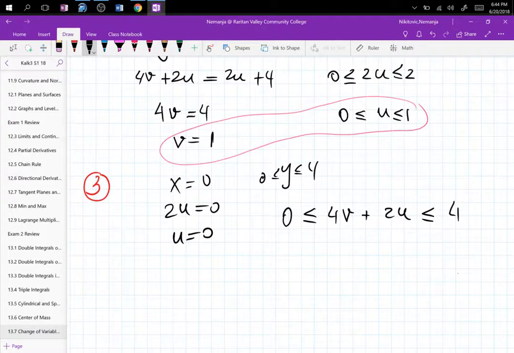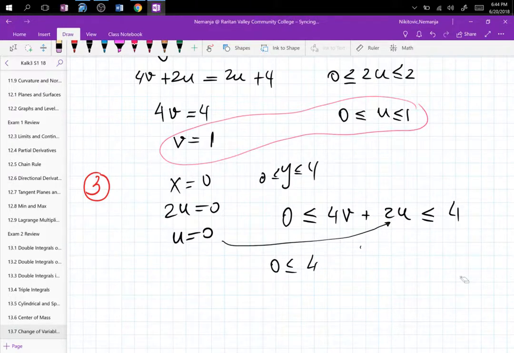Okay. So now what we're going to do, we are going to plug in 0. So 0, 4v plus 2u less or equal than 4.